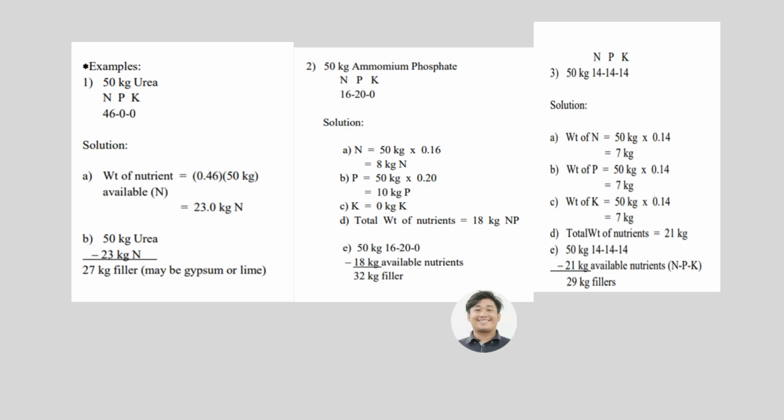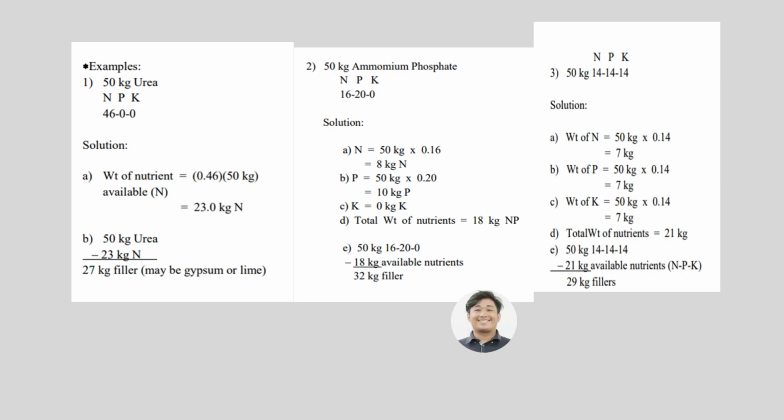In the other problem, we have an incomplete fertilizer, which is ammonium phosphate, that contains 16% nitrogen and 20% phosphate.